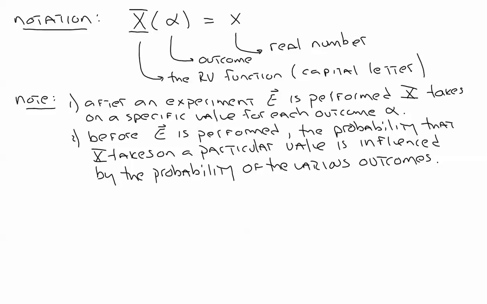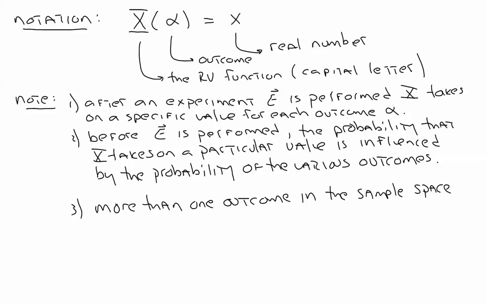Okay. One further note before I move on is, once again, my random variable assignment is a function, so more than one outcome in the sample space for my chance experiment can be mapped to the same real number.